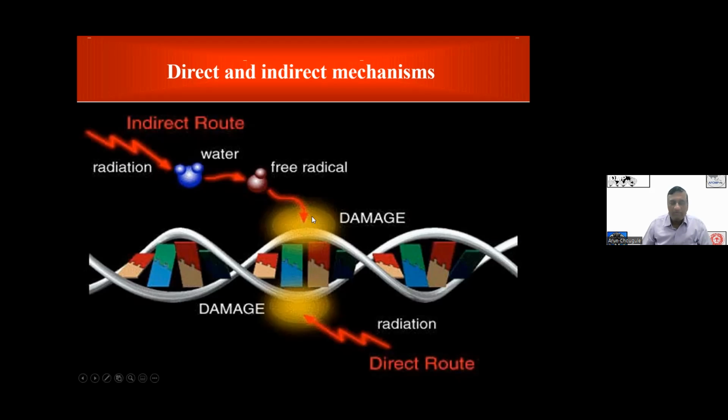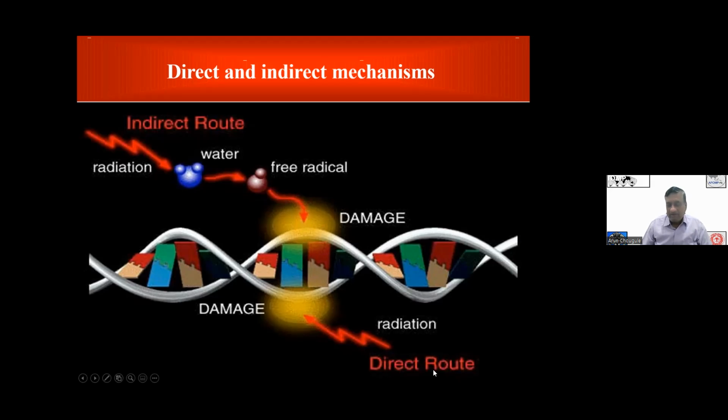I will discuss later what kind of damages there will be. So this is called the indirect route, wherein the ionizing radiation first ionizes the water, produces the free radical, and these free radicals take part in chemical reactions and then the biological effect is produced.